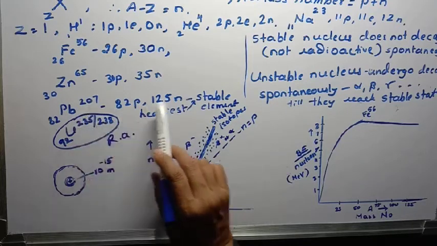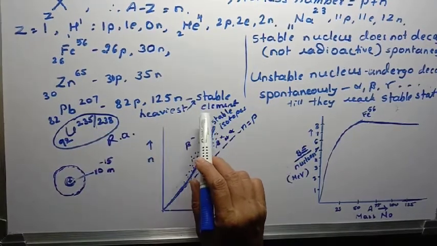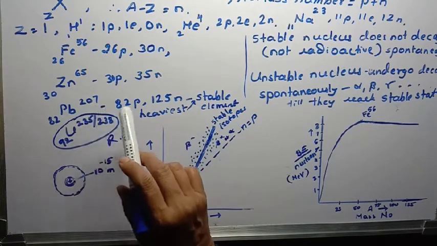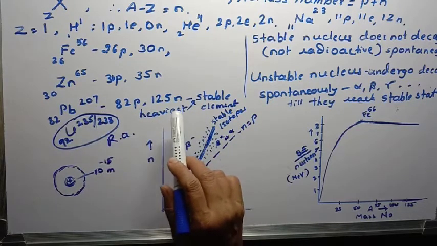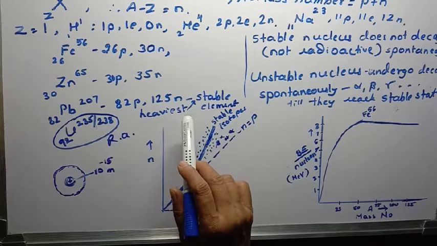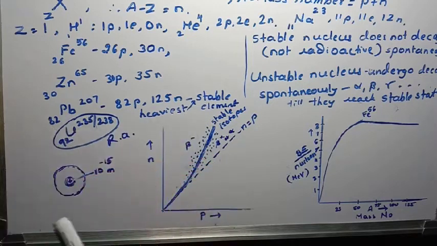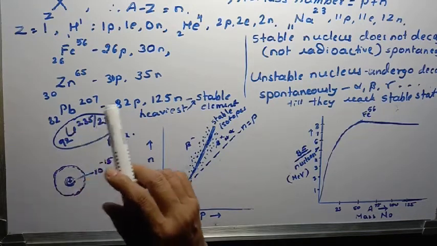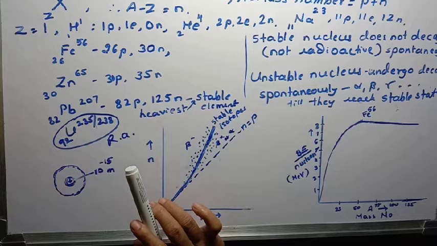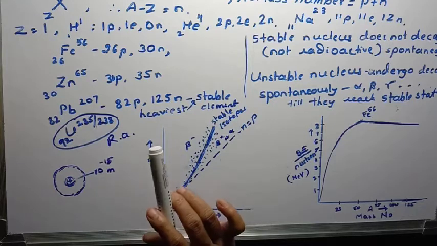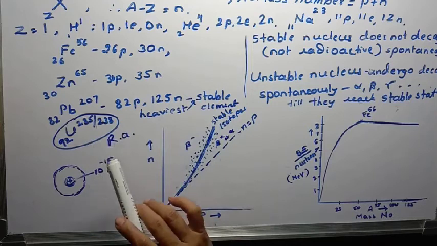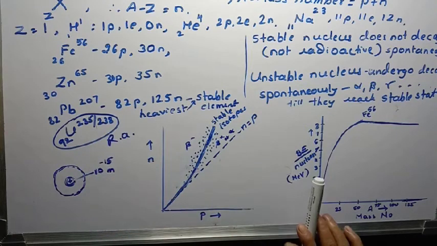This itself is the stable, heaviest naturally occurring element. This is a stable nucleus, the heaviest stable element with atomic number 82. Further above this, that means 83 onwards, they are not stable. So what is the reason for the unstable nature of the nucleus?